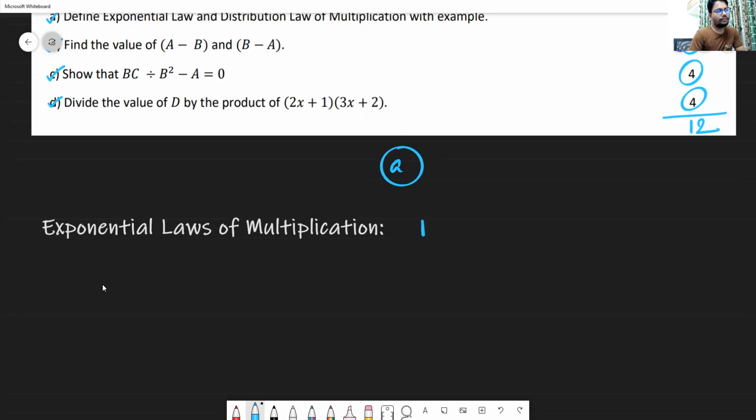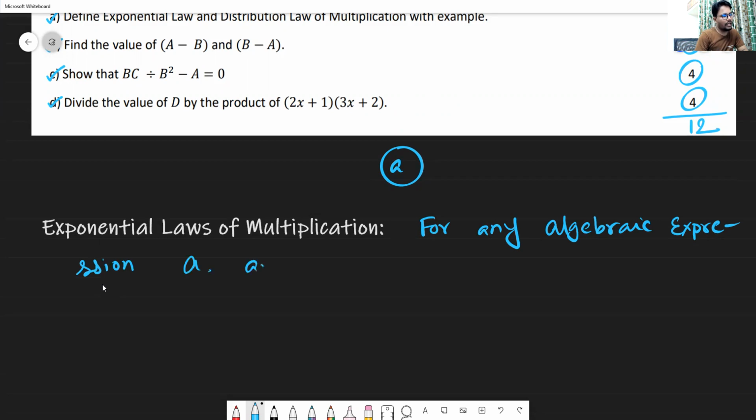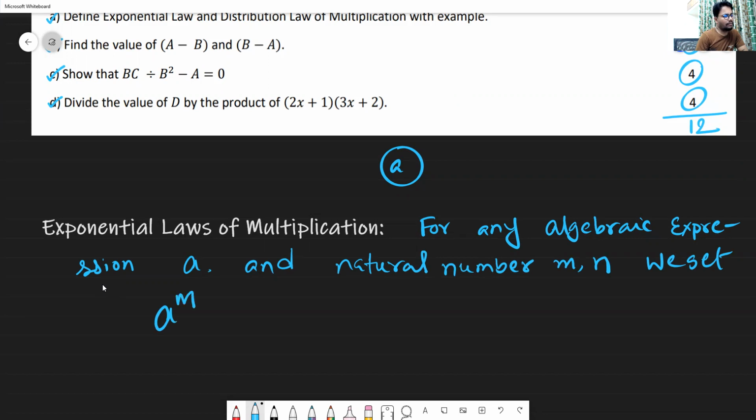So here for any algebraic expression A and natural numbers m, n, we get a to the power m multiplied by a to the power n.